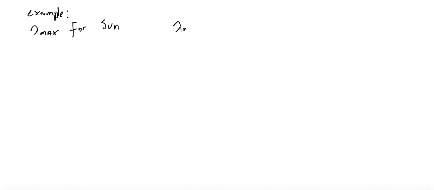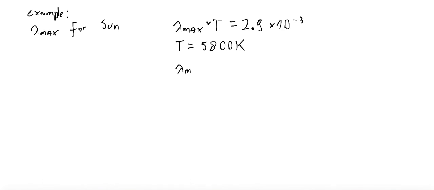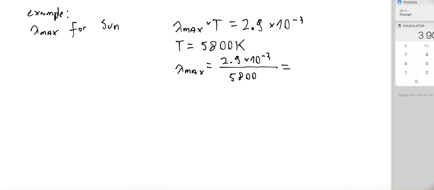Okay, so lambda max times temperature is equal to 2.9 times 10 to the power of minus 3, this is the constant. And for sun, the temperature I gave you in the last exercise is 5800 kelvins. So all you have to do is to divide 2.9 times 10 to the power of minus 3 by 5800 kelvins, of course. Do this.